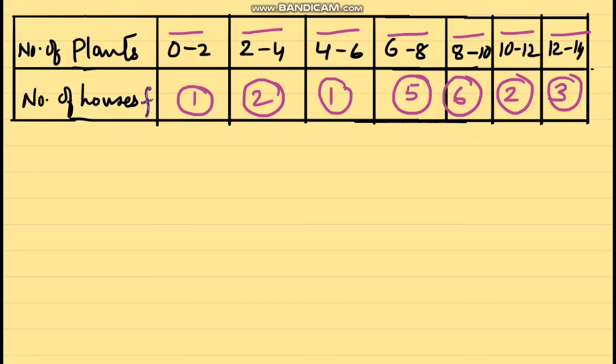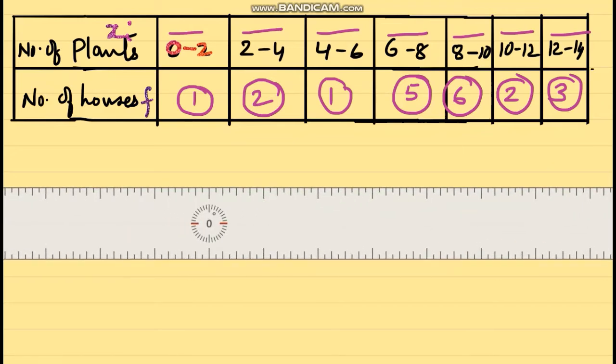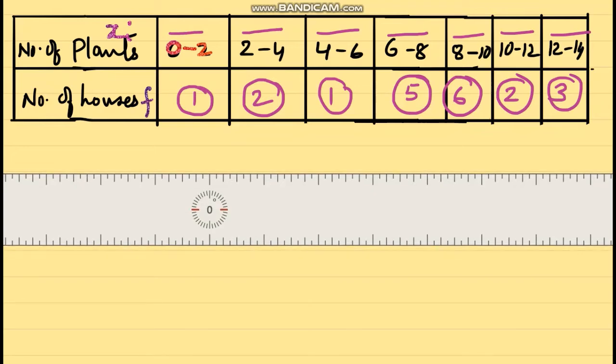This is the frequency and this number of plants is nothing but your observation, that is xi. Now, since you are getting xi in the form of grouped data, what you have to do is find the class mark, so that you can calculate xi fi and then do the required thing.